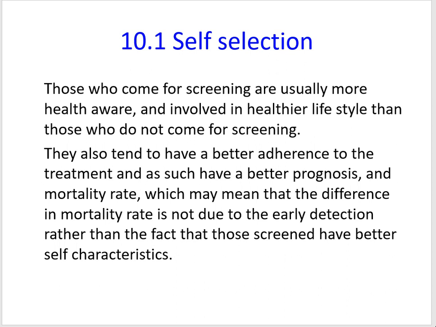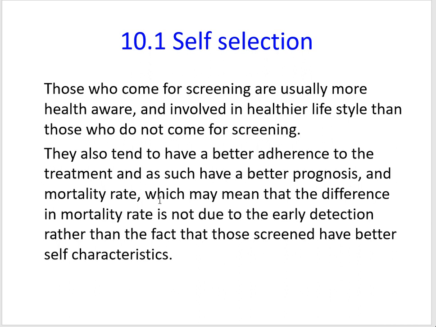Therefore, when you start comparing screened to non-screened populations in terms of mortality and morbidity, you're going to notice that screened people are doing better. And that could be not because of the screening, but because they have underlying factors that put them at an advantage. So this is called self-selection.